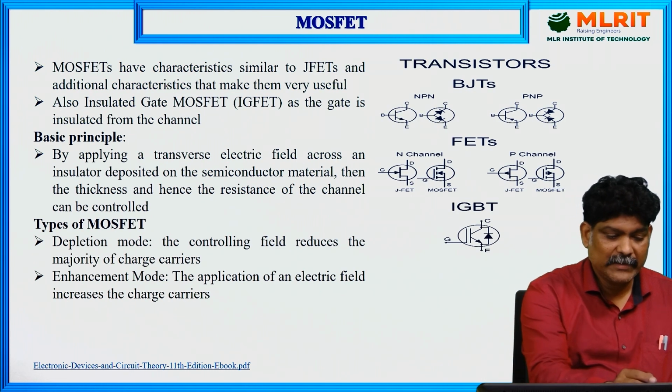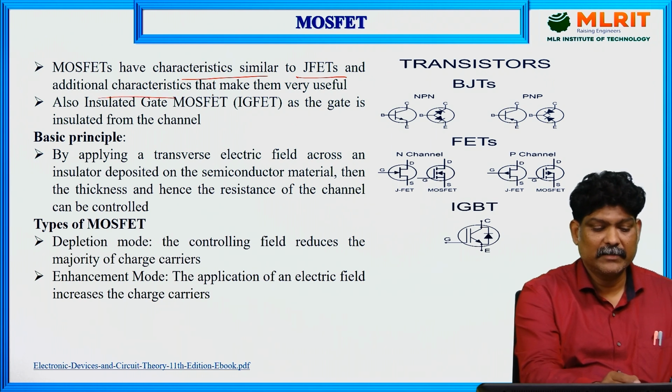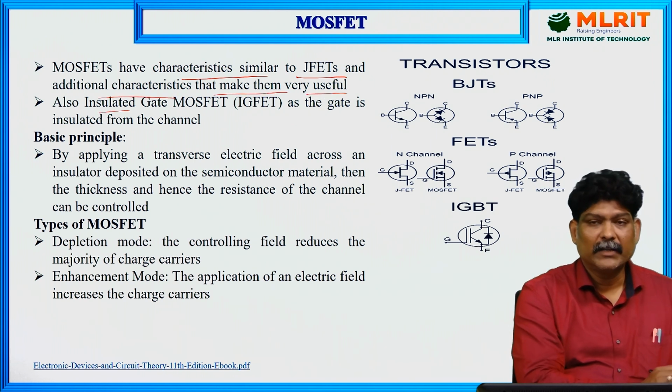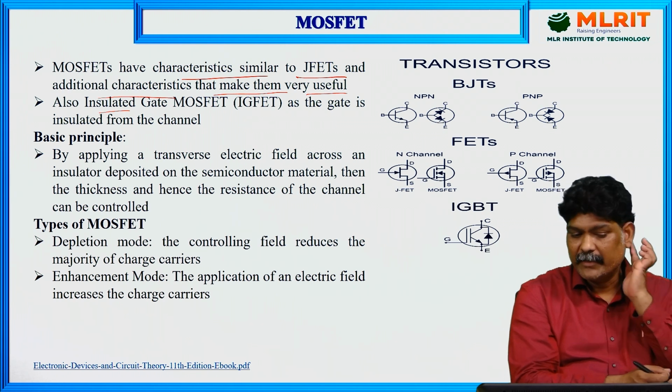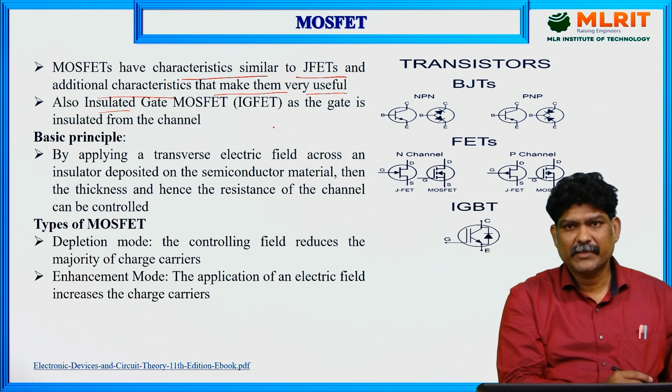MOSFETs have characteristics similar to JFETs plus additional characteristics that make them very useful. It is also called an insulated gate FET, IGFET, as the gate is insulated from the channel.